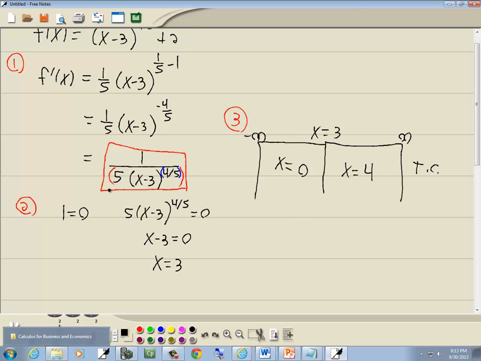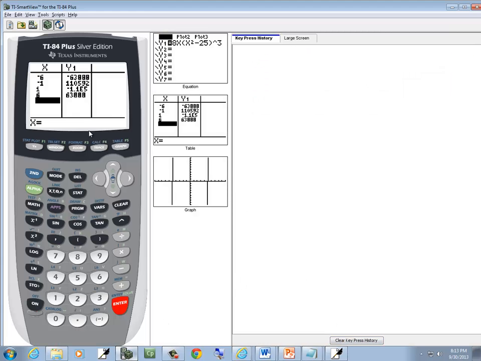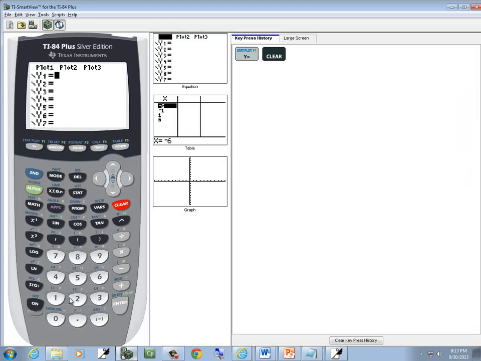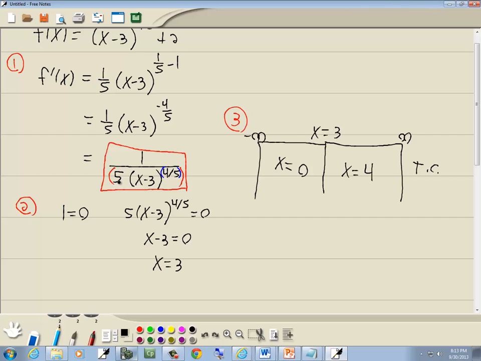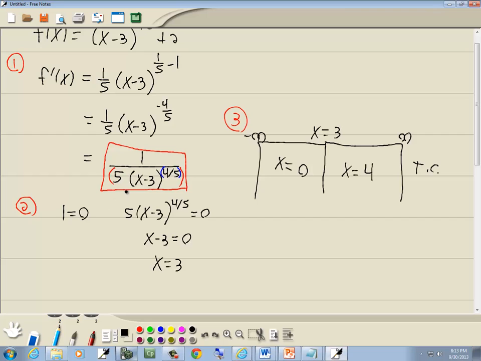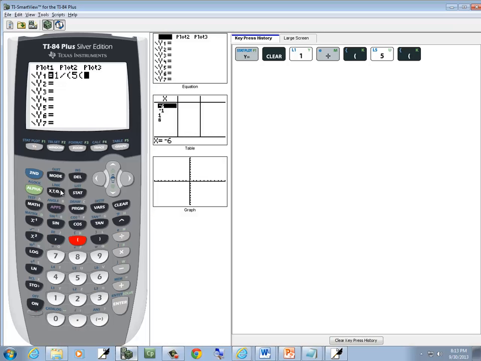Okay. Now let's plug this into our calculator. This is a little bit tricky, this one. Press Y equals, clear. The number up on top is a 1. It's 1 divided by, and I'll put a beginning parenthesis for the denominator. Then 5, and then a beginning parenthesis, x minus 3, close parenthesis on the x minus 3.